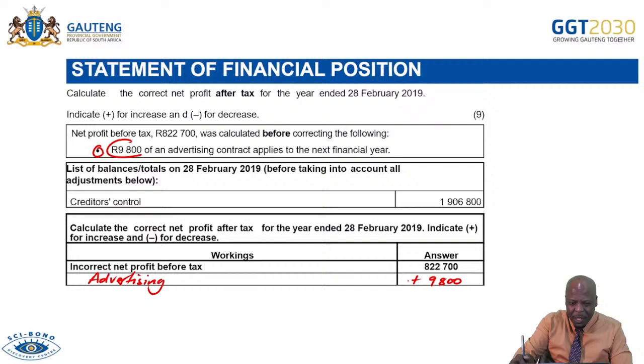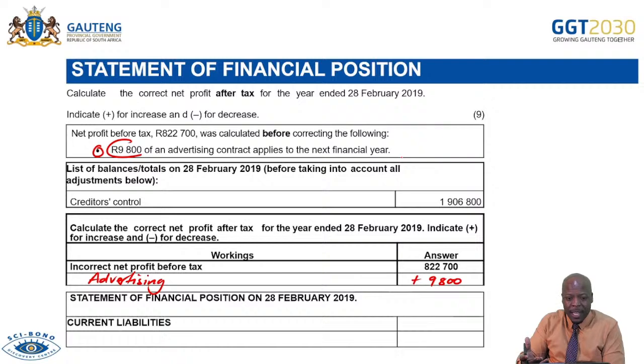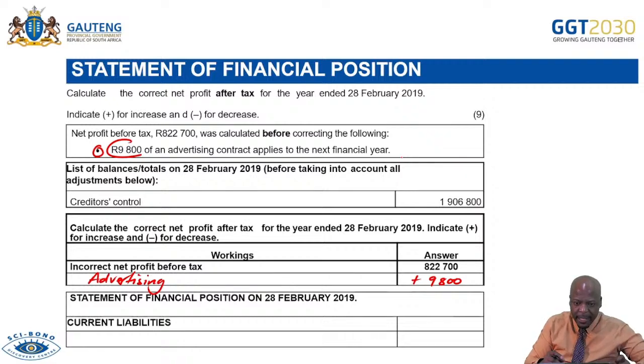All right. Now, the next question is, if we have a prepaid expense, does it affect the statement of financial position? Certainly it will. So let's see if we can record this in our statement of financial position. Okay. So this is an expense, 9,800, which is an expense that relates to the next financial period. So remember, this is trade and other receivables. So here I should come to my current assets.